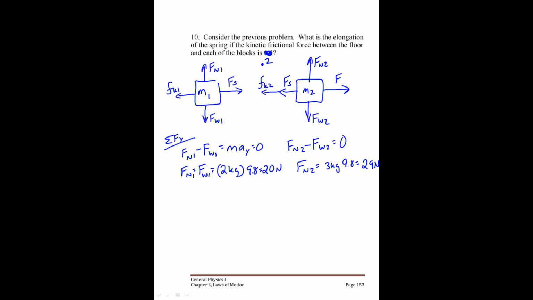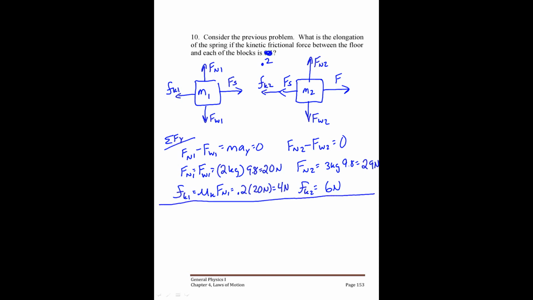Now, I can find the Fk1. That's going to equal mu k Fn1, which is 0.2 times 20, which is 4 newtons. And then Fk2 is equal to 0.2 times 29, which is 6 newtons. All right, so now I'm fairly well equipped to continue on.